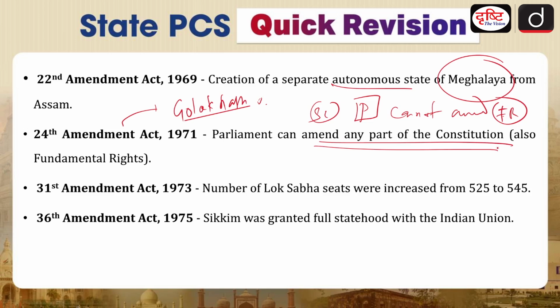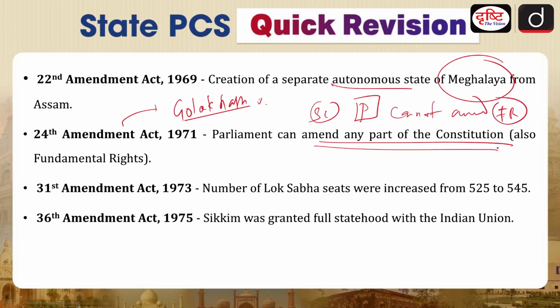That is what was given in the 24th Constitutional Amendment Act 1971. After that, there was the Kesavananda Bharti judgment in 1973, which said that Parliament can amend any part of the constitution, including fundamental rights, but it cannot change or alter the basic structure of the constitution.